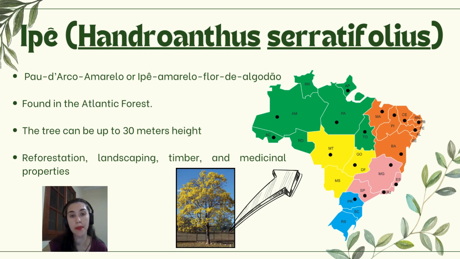Here we have a map of Brazil, and every black dot is where we can find the Ipê tree. So we can find the Ipê tree in the north, the south, and all over the country: Acre, Amazonia, Mato Grosso, Paraná, São Paulo, Minas Gerais.